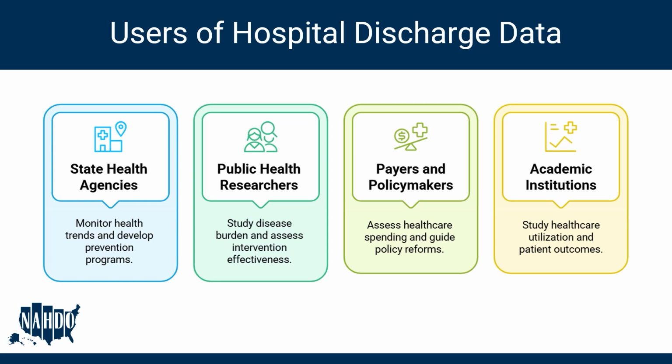Payers and policymakers use HDD to assess healthcare spending, shape reimbursement models, and guide policy reforms that impact patient care. Academic institutions, like universities and research centers, use HDD to study healthcare utilization, patient outcomes, and the social determinants of health.